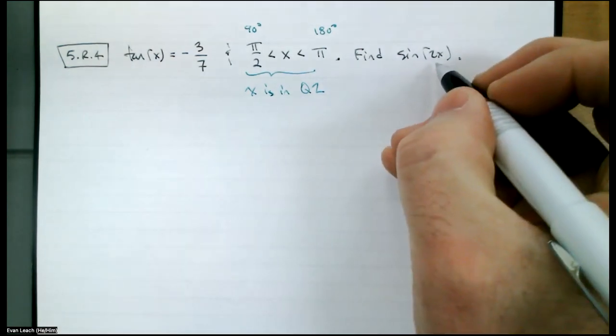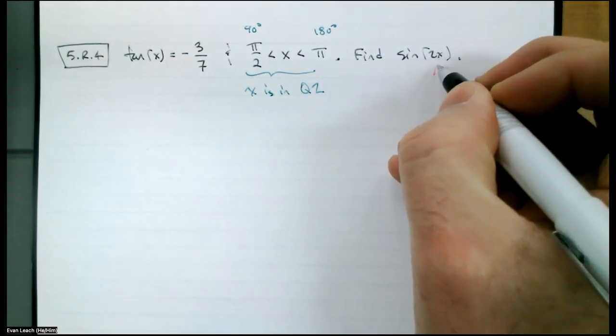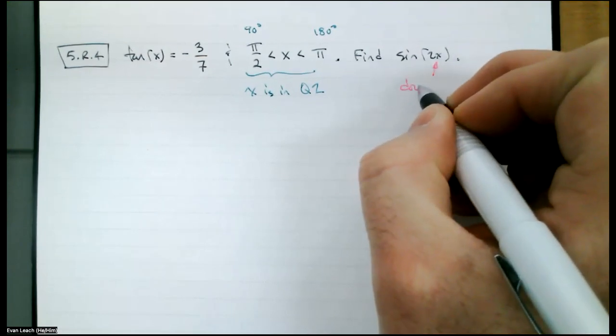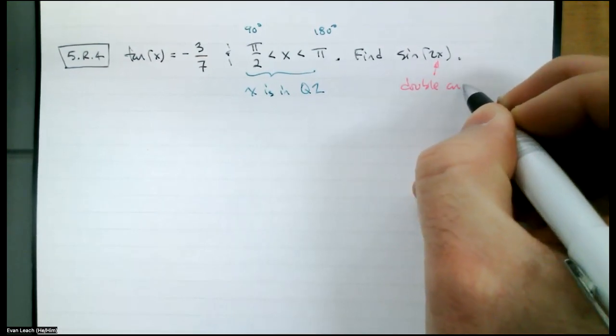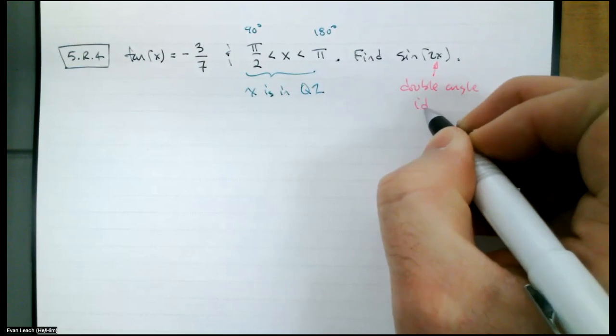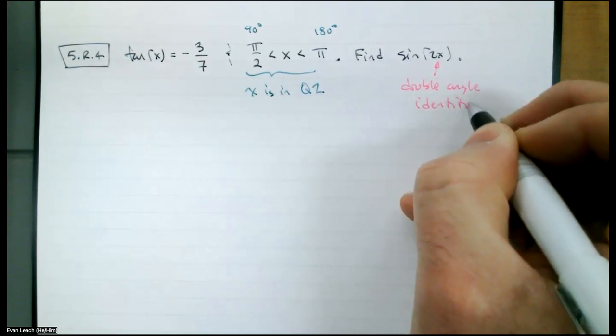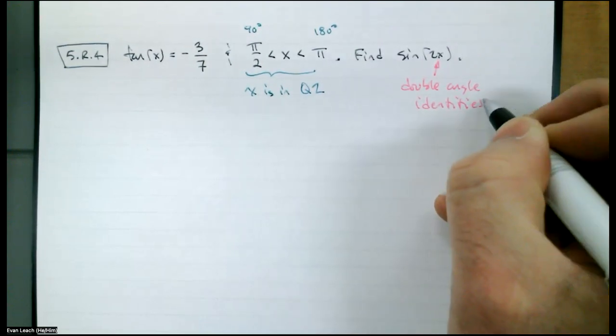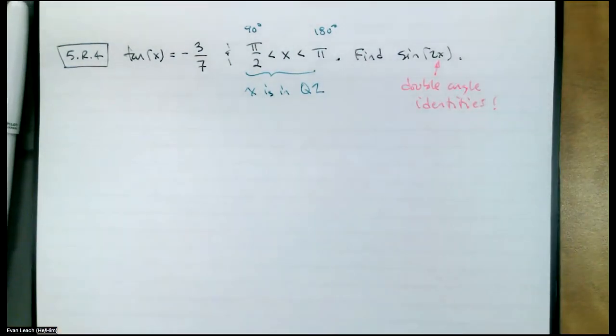In this case, we want the sine of 2x. This once again says double angle identities. We can also use the tangent of x equals -3/7 and figure out what the angle is, double the angle and take the sine of that angle, like we did in the previous problem.